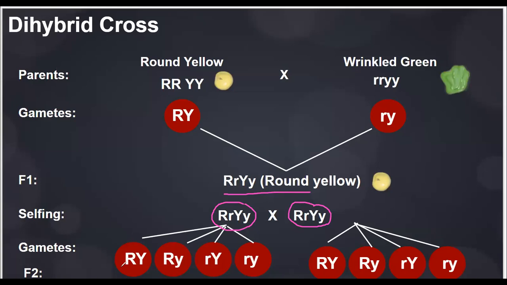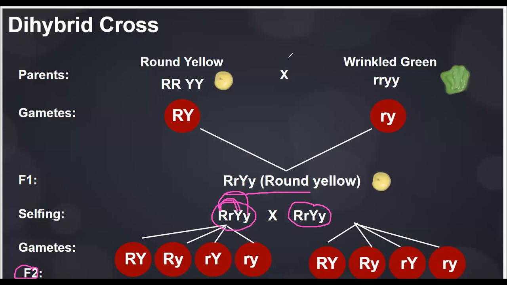So we will begin with the F2 now. First, we will do the separation of the gametes. So how will you write? With one capital letter, with the one contrasting trait and the other contrasting trait. So capital R, capital Y, then capital R, small y.